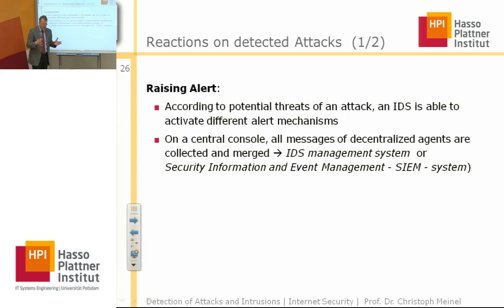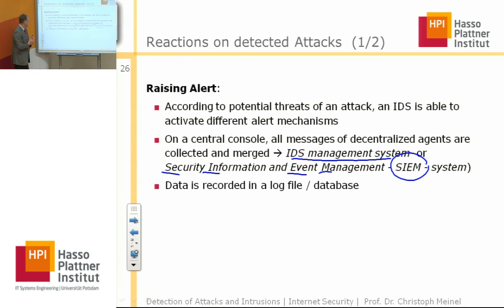For example, on a central console, all messages of the decentralized agents, for example the network-based and the host-based intrusion detection components, are collected, merged, and summarized. I already introduced this as an intrusion detection system management system, sometimes also called security information and event management, so-called SIEM systems, if you look to literature.